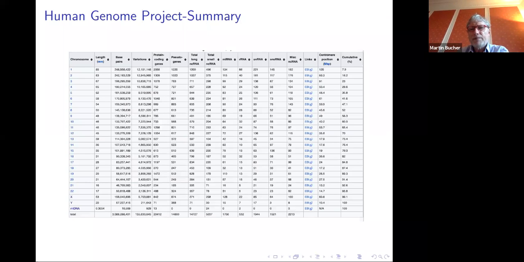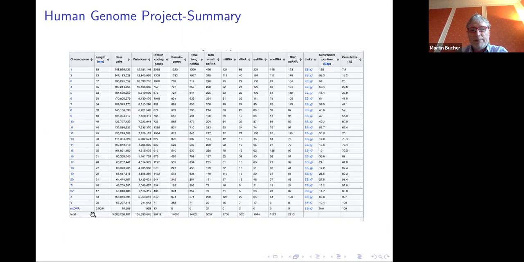Okay, so I just included this plot, and we could talk for a very long time about the conclusions and what one has learned from the Human Genome Project. But here, in terms of information, we can see how many base pairs there are in the different chromosomes.